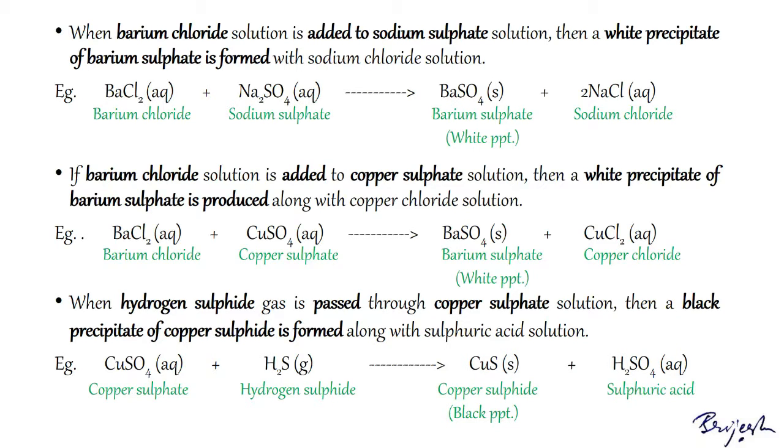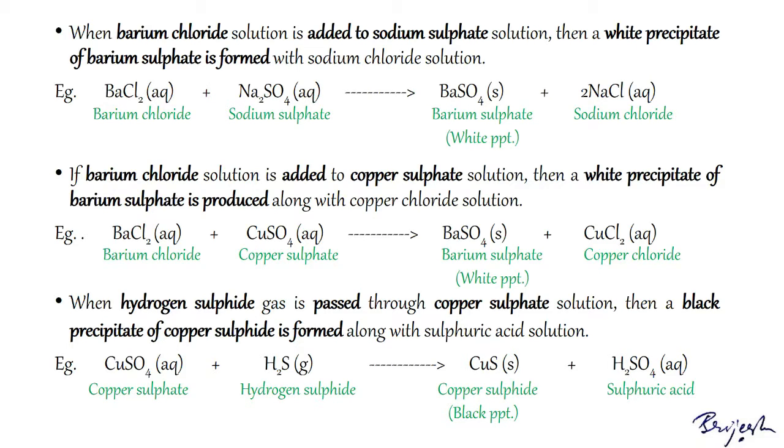An exchange of ions takes place. For example, the barium ion Ba2+ of barium chloride reacts with sulphate ions SO4 2- of sodium sulphate to form barium sulphate, that is Ba2+SO4 2- or BaSO4.